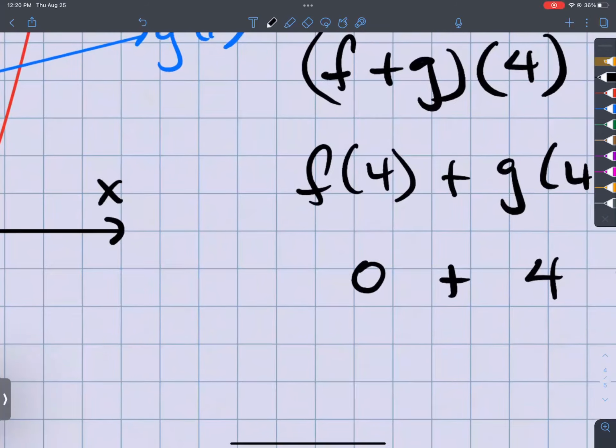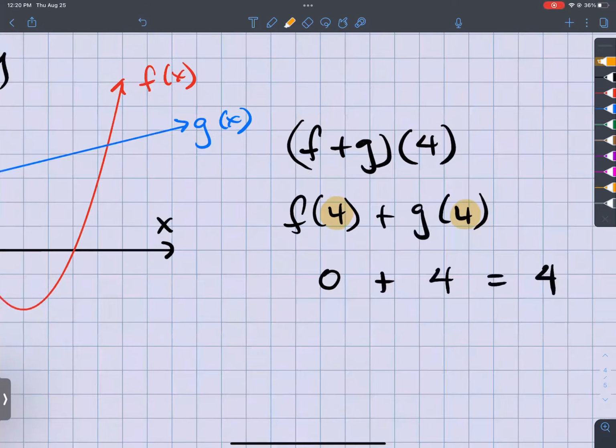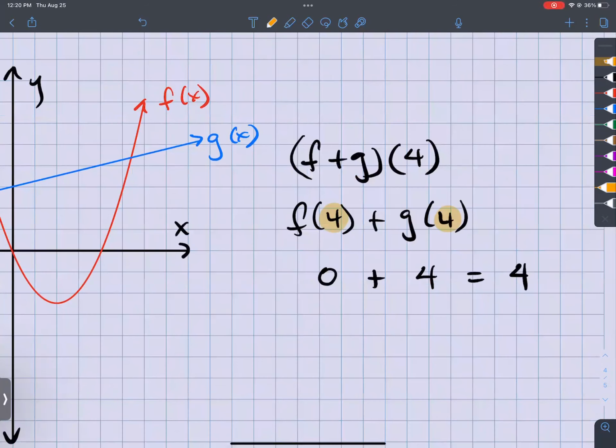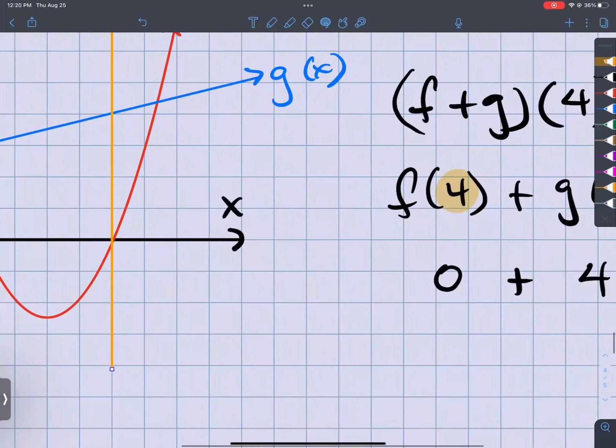Let me explain, because f of 4: what does this 4 and this 4 mean? Those are my x values. Is that right? Yes. So if those are my x values, isn't the x value of 4 right here? If this is the x value of 4, where does it cross the graph? Across the f of x right here.